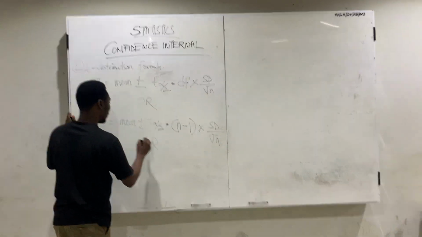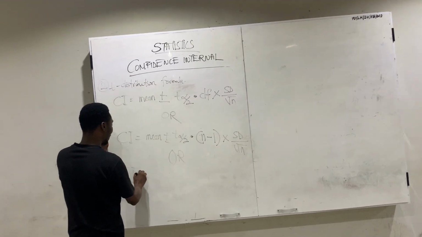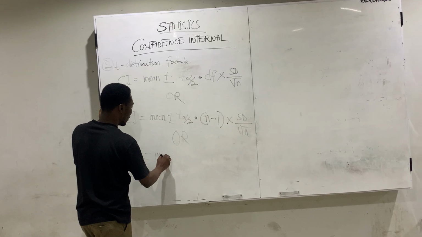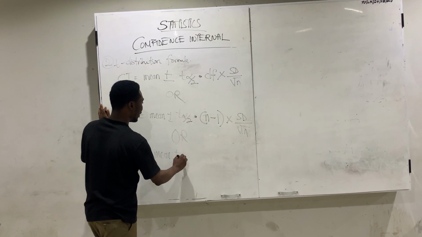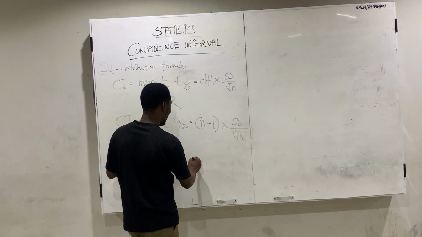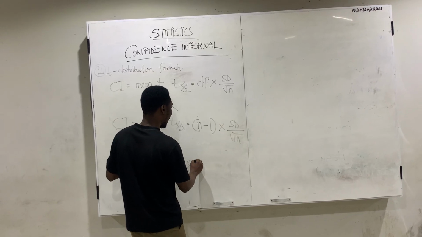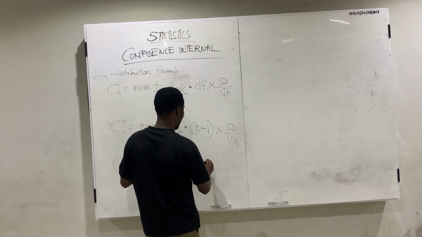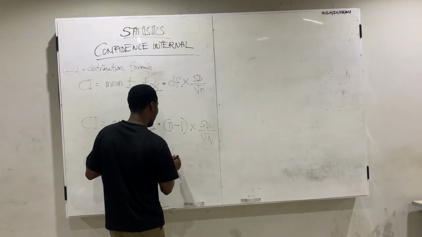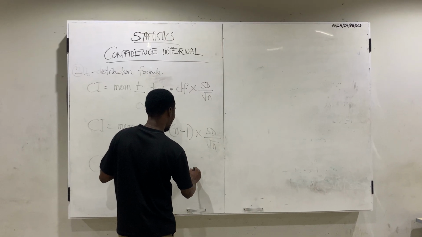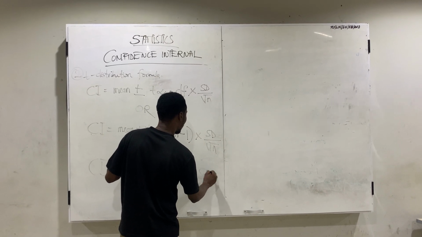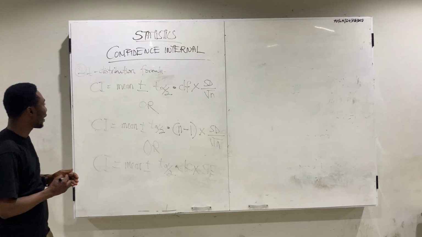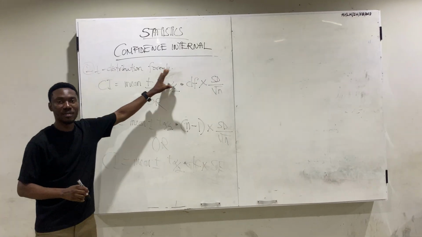Or confidence interval is equal to mean plus or minus t alpha over 2 by df multiplied by standard error. Okay, this is what we call the T distribution formula.